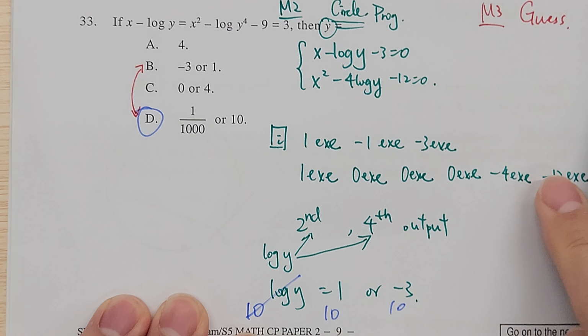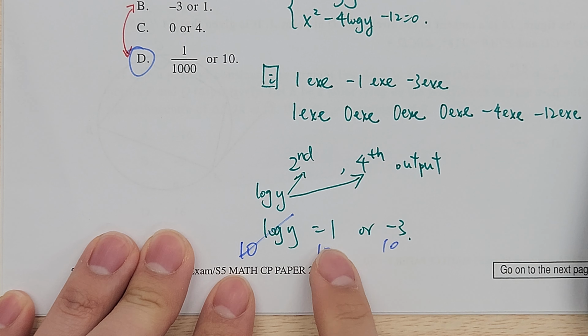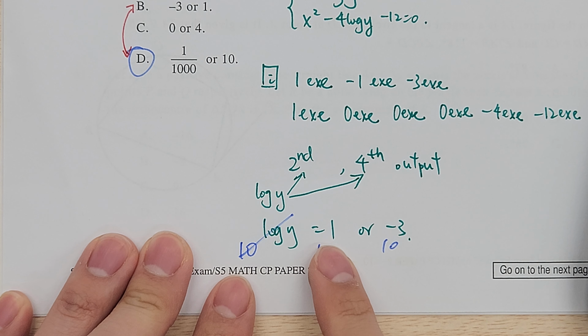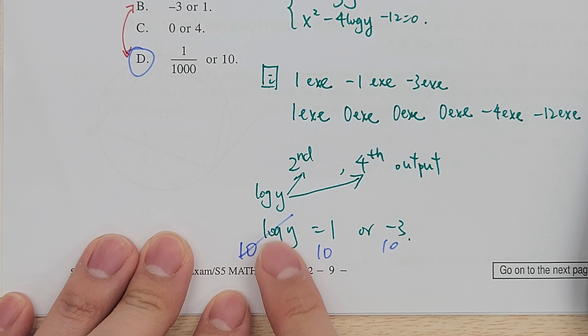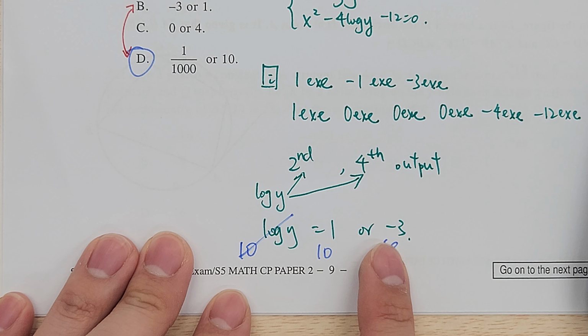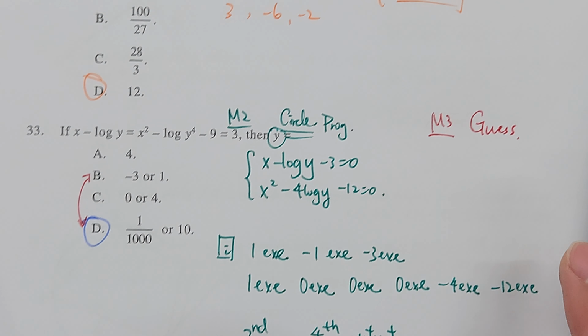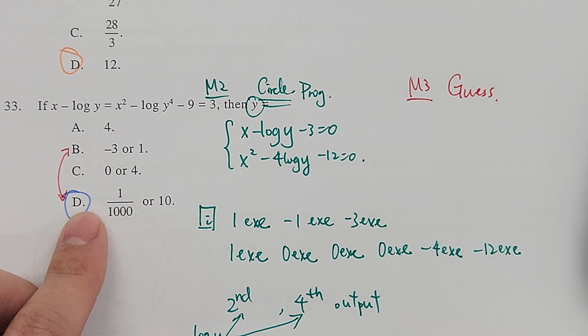Can you see that in our previous method, we calculated 1 and negative 3, but that is not the correct answer for y because it is the answer for log y? Log y equals 1 and log y equals negative 3, but y is not 1 and y is not negative 3. Our answer needs to be exponentiated.